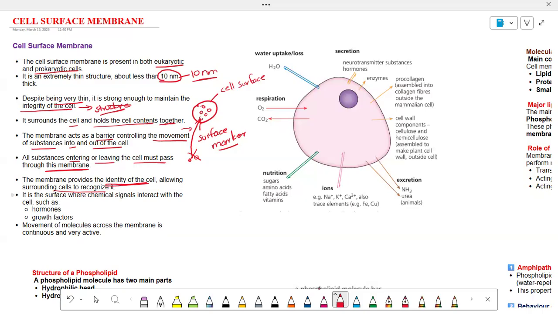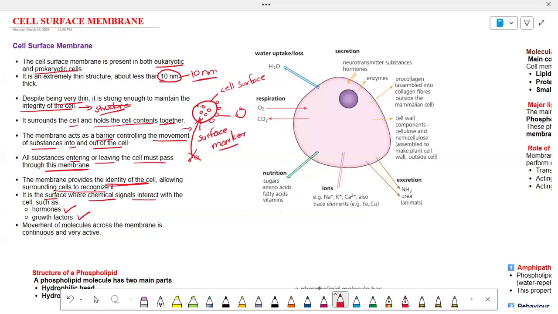It is also the surface where chemical signals like hormones and growth factors interact with the cell, because on the cell surface membrane there are receptors, and these receptors receive signals from other cells, like hormones or growth factors.